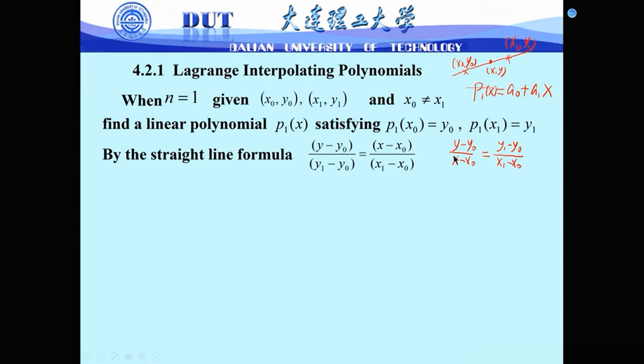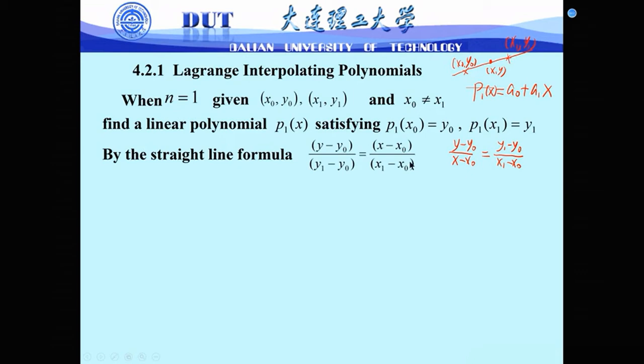So we move this term to the right side and that term to the left side, and we obtain (y minus y0) divided by (y1 minus y0) equal to (x minus x0) divided by (x1 minus x0). This is the straight line formula determined by these two data points, right?